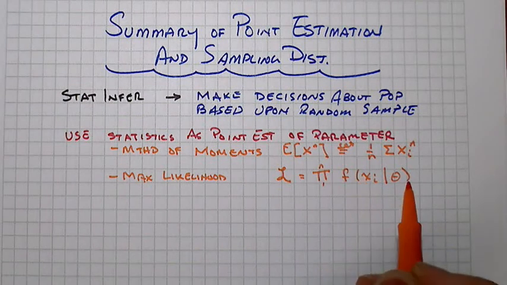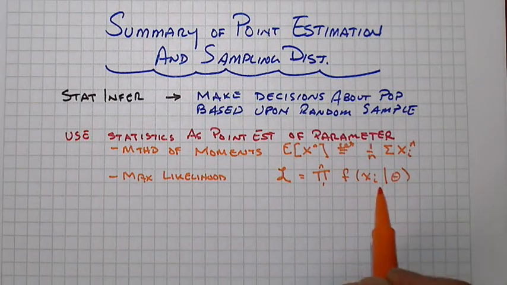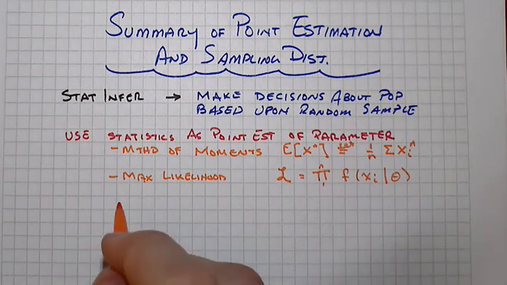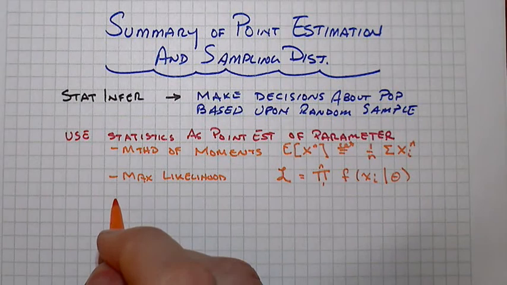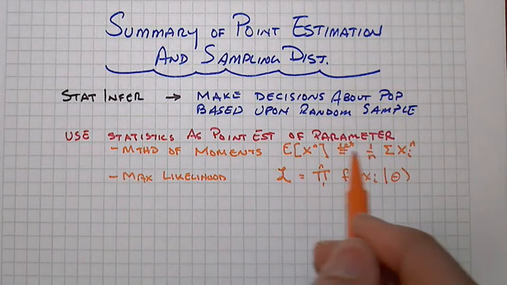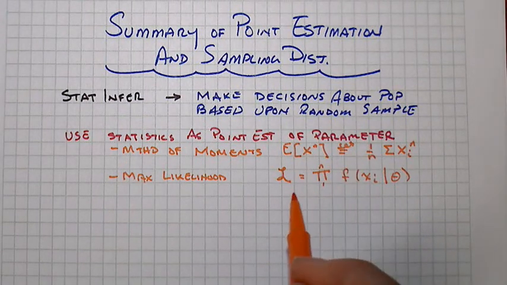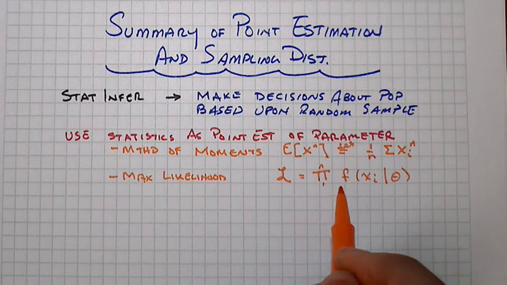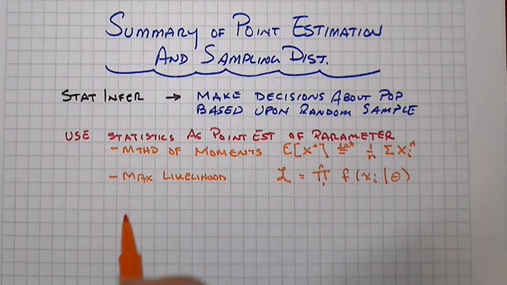We're going to select parameters that make this observed set be the most likely observed set. And that's fine, so long as, again, you have a representative data set. But if you have one that doesn't have the kind of information that you're looking for, say out in the tails, oftentimes the extremes, then this may not be a great fit either. So both of them have their advantages. The method of moments is very much body-centric in its view. Maximum likelihood is more neutral to both the body and the tail because it does a little bit better job, but it's got some complications and it creates an optimization problem that can be unwieldy to deal with.